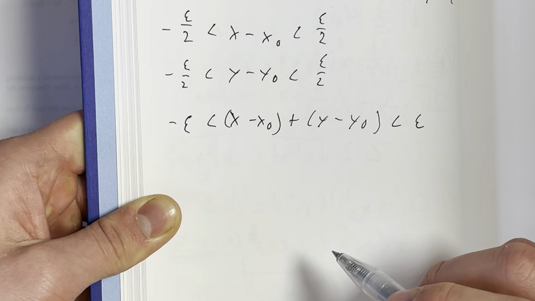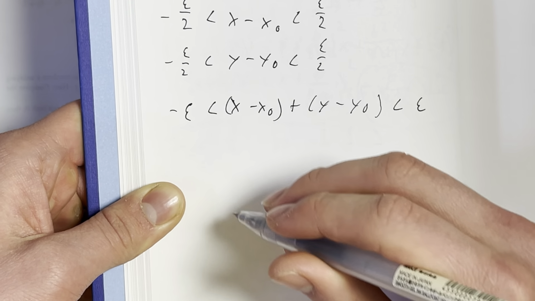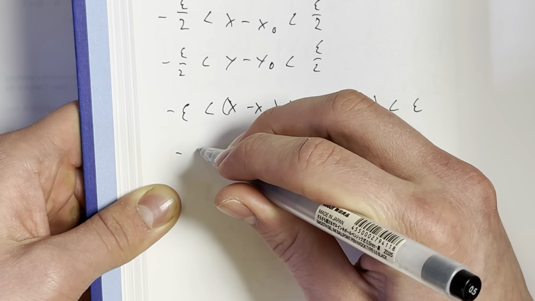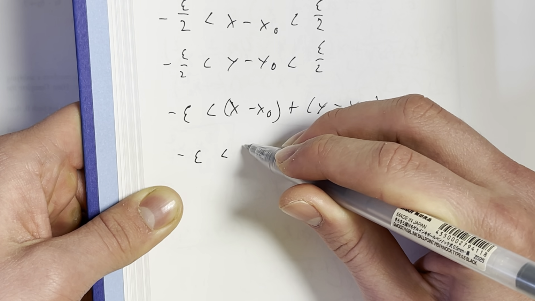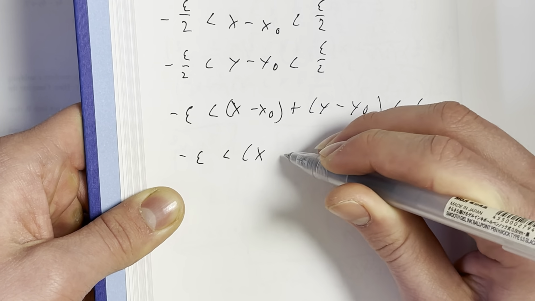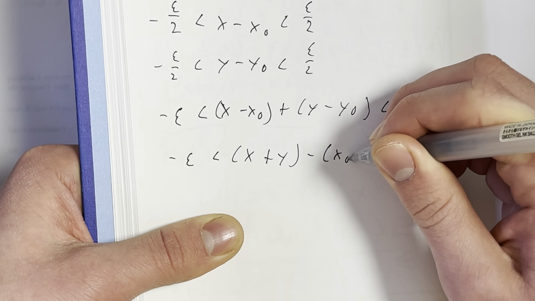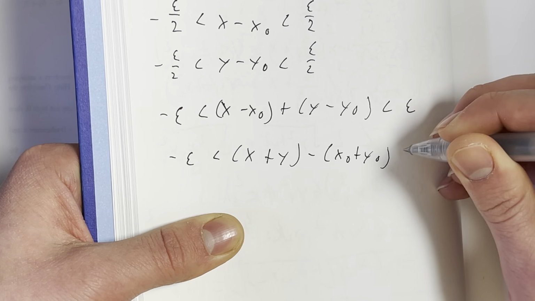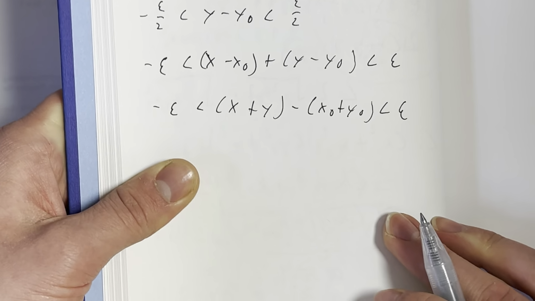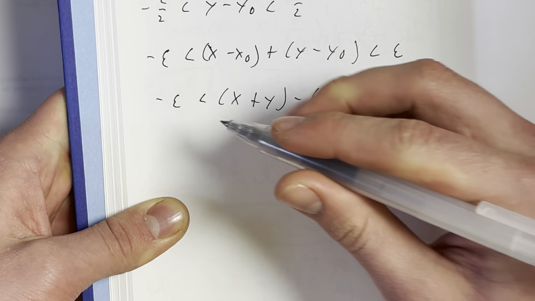And then we can combine in the middle like this. We get x plus y minus x0 plus y0. And then we just put it back to absolute value form.